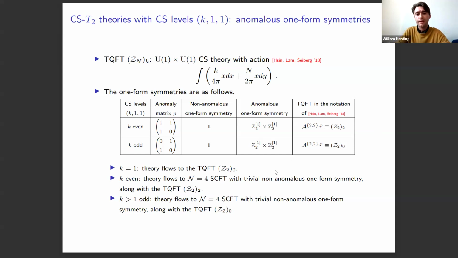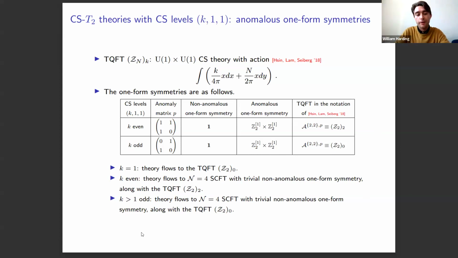Now, recall that for K equal to 1, the index was equal to 1, meaning that the theory flows to a TQFT, and by looking at the anomaly matrix, you should look at K odd. This has an anomalous Z2 times Z2 one-form symmetry, and the TQFT corresponding to such anomaly matrix is Z2 level 0.